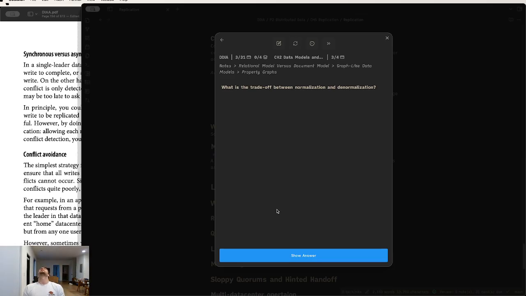You can pre-fill stuff and have higher quality. Also, searchability, because consistency is higher. Denormalization means the same data is stored in multiple places.